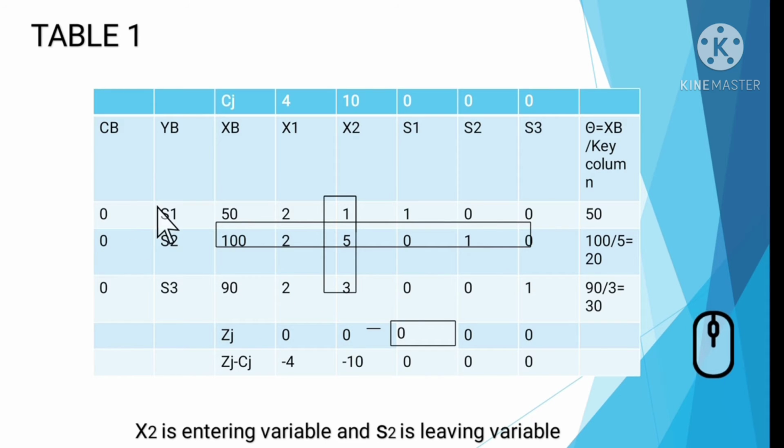Anything multiplied by 0 gives only 0, so adding all those, we get 0.